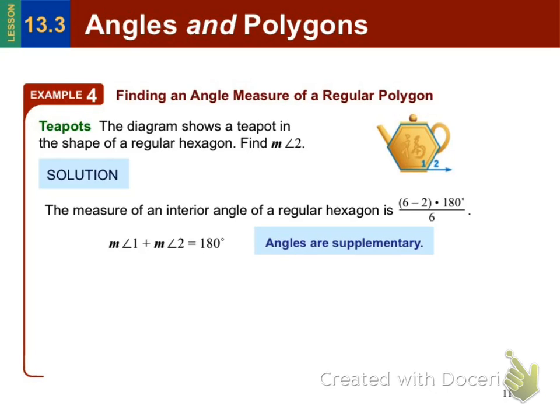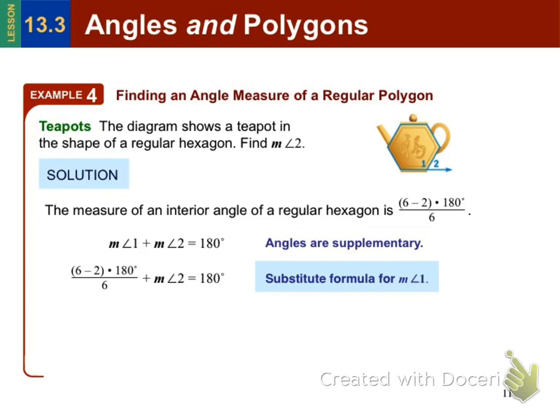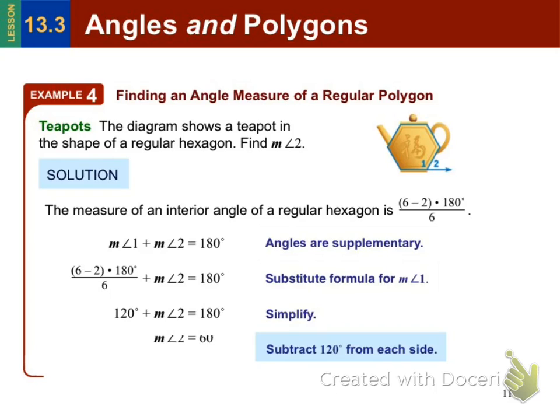So because the measure of angle 1 and the measure of angle 2 would be 180, using that formula we'll find the measure of angle 1. So if one angle is 120 degrees, 120 degrees plus the measure of angle 2 would equal 180. Therefore, angle 2 will equal 60 degrees.